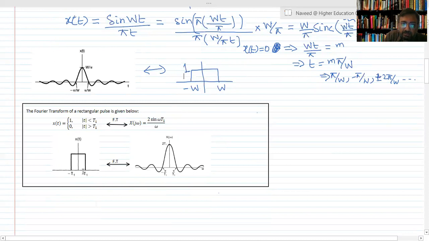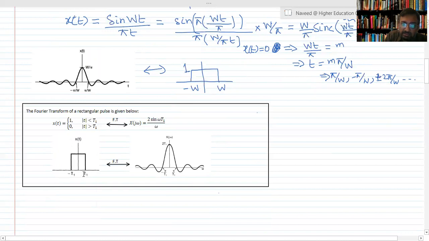In the extreme limit, when we make T1 approach 0 in such a way that the height of this very small rectangular pulse scales with 1 over T1 such that the area remains 1, we will get an impulse out of this function.